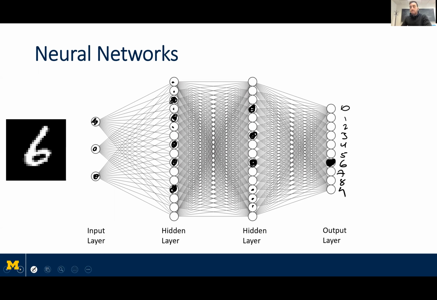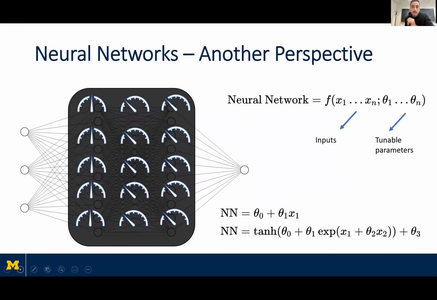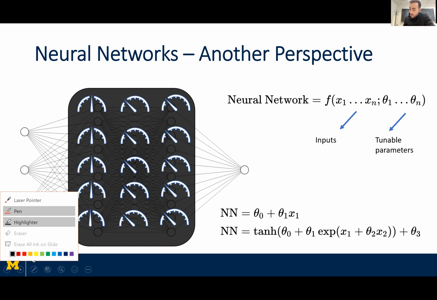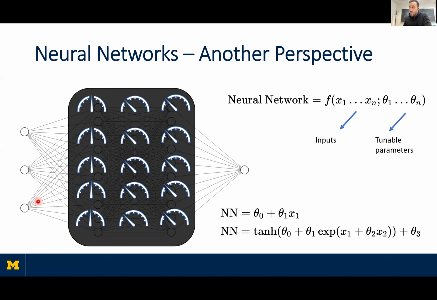Okay, so now I want to give you another perspective on how to think about neural networks. So we've seen that neural networks are sort of like brains in that they are composed of neurons and they propagate their information through, but there's a different way of thinking of a neural network. So I want you to look at the diagram on the left. Let me put up the laser pointer. So once again, we have the inputs, then we have the parameters in the middle.